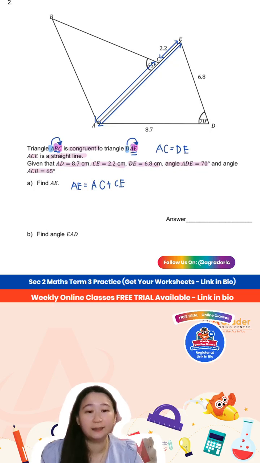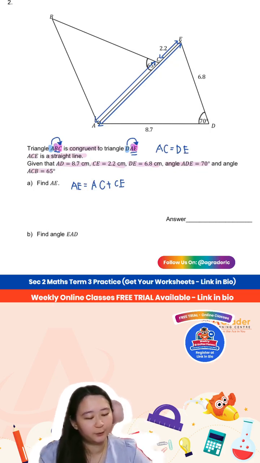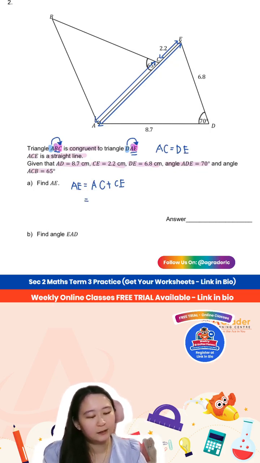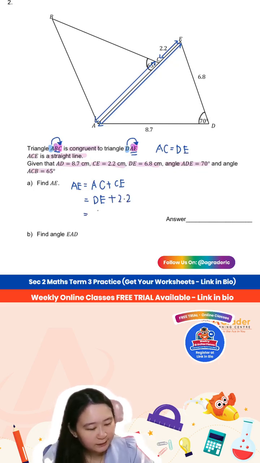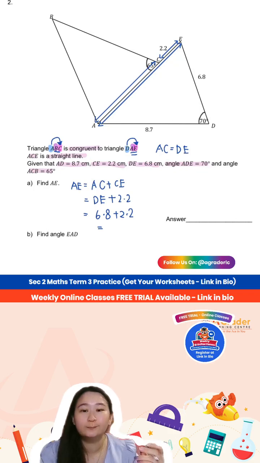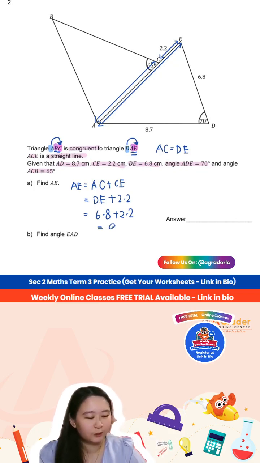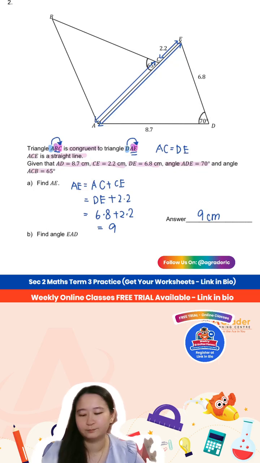And we have the length DE as shown on the diagram. So the length AC is the same as the length DE, and we know that CE is 2.2. DE is 6.8, so 6.8 plus 2.2 should give us 9 cm. Remember to write the unit.